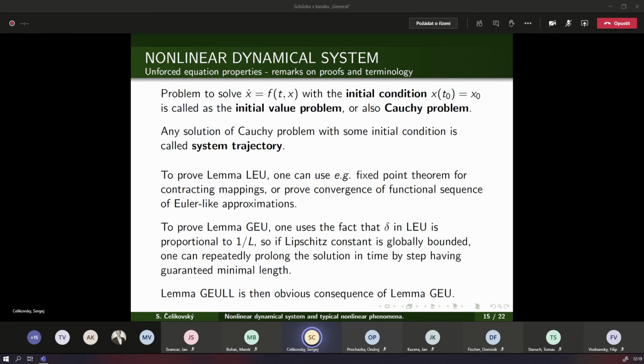If you don't fix the initial condition, then you may have infinitely many solutions of the differential equation. You need to fix the initial condition. And if the system is good in the sense of these properties before, then you will have exactly the desired property that through every fixed state, there is only one solution which goes through this initial state.